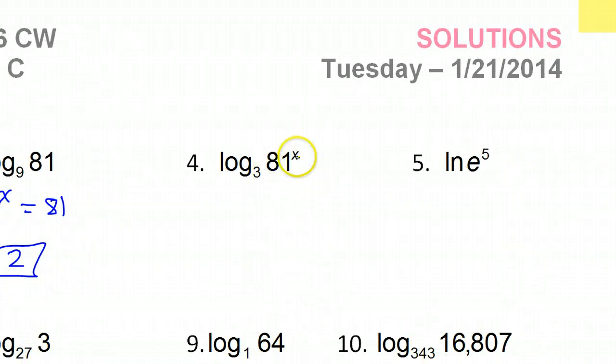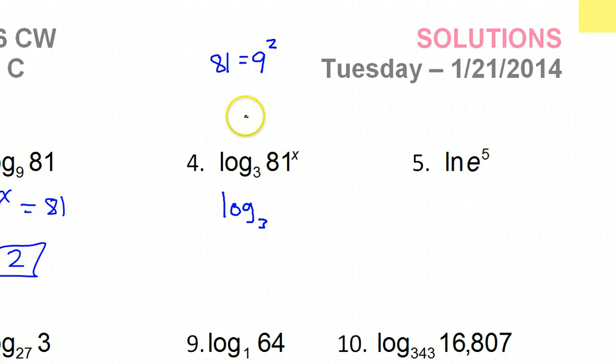Alright, this one's a little weird because it has this x up here messing us up. So I'm going to do it this way. Okay, so this is log base 3. Now, 81, off the top of your head, you're probably thinking 81 is 9 squared.